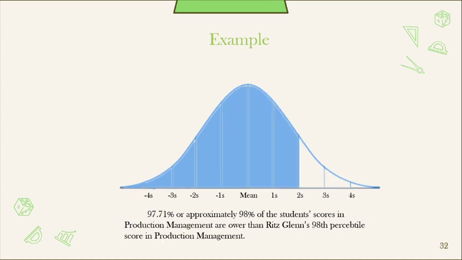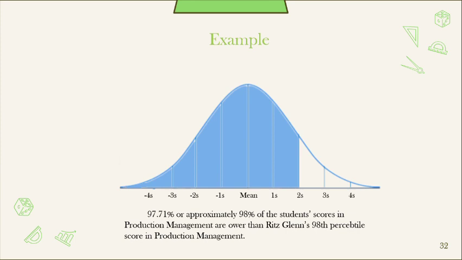And yung sa isa naman, sa production management, kung kunin mo yung area na naka-shade, it's 97.71% or approximately 98% of the students' scores in production management are lower. Yan yung mas mababa sa kanya.